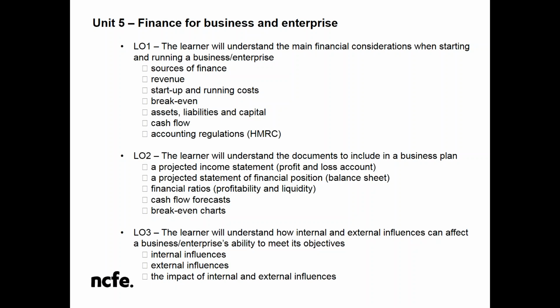So, for example, HR, operational issues and culture in terms of internal influences, and then external influences: the state of the economy, current interest rates, changes in competitive environment, levels of employment, and changes in legislation are all examples. In terms of evidence for this particular unit, it could include a presentation or a report.